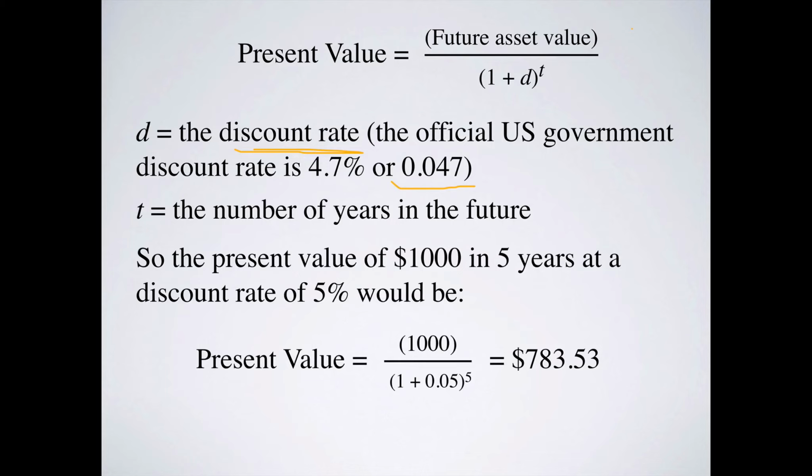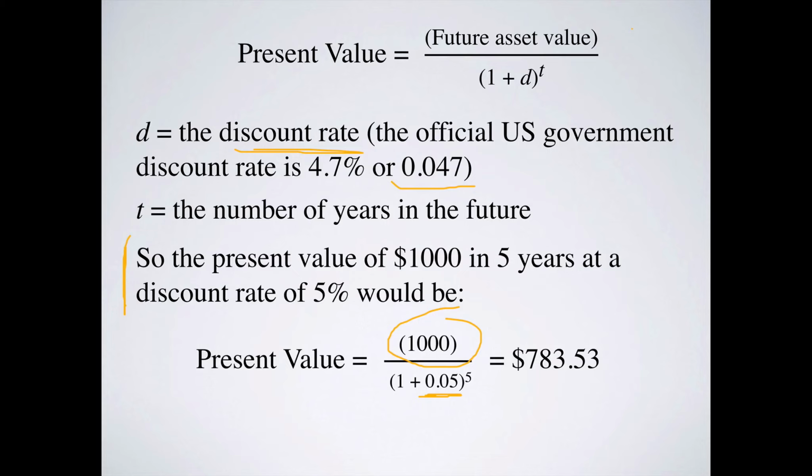So let's do a little example. Let's say the present value of $1,000 in 5 years at a discount rate of 5%, just to keep it a little bit simpler. So we're plugging this in. We're going to put 1,000 on top, and then we're going to divide that by 1 plus d. d in this case is 0.05, so 1 plus 0.05 is 1.05 on the inside of those parentheses.